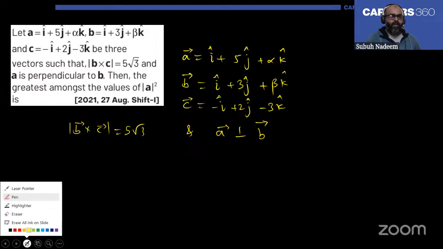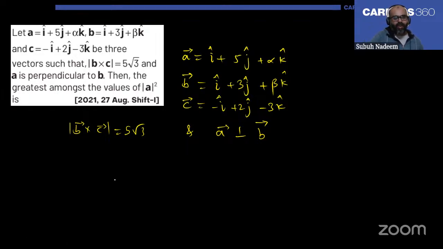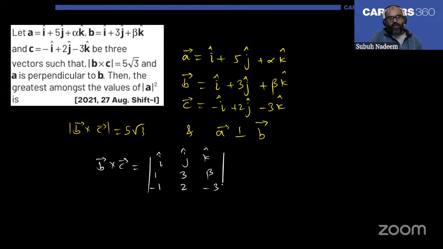So we may get many values of mod A, more than one. Greatest among them we have to find. So first let us see B cross C, what it is. B cross C is i, j, k; 1, 3, beta; and minus 1, 2, minus 3.